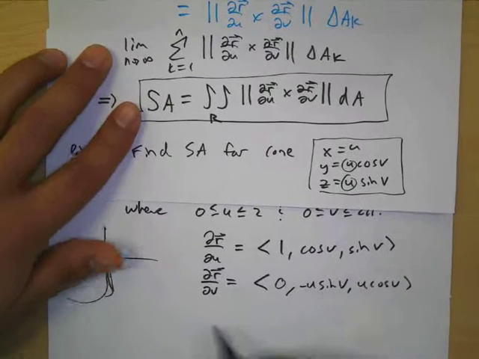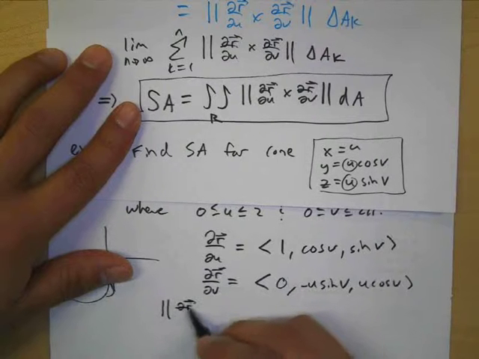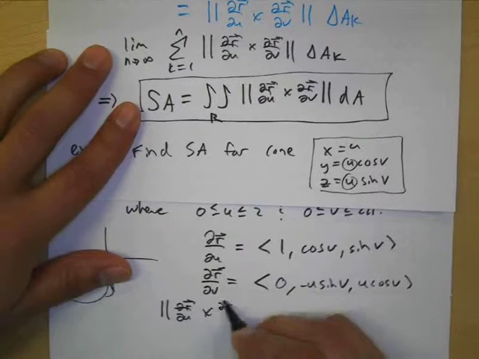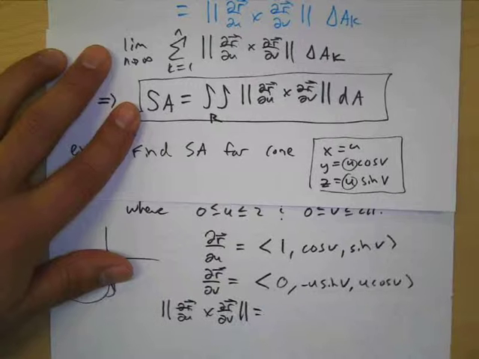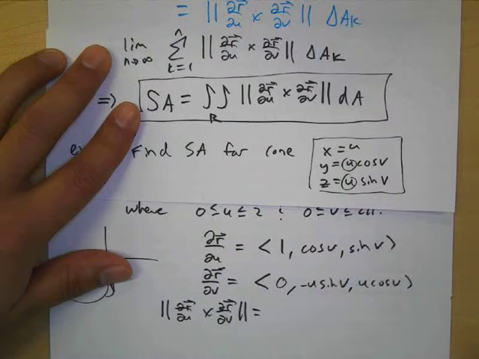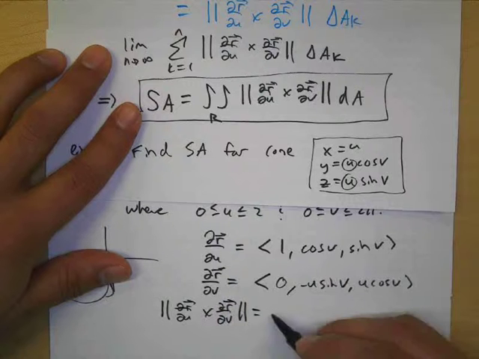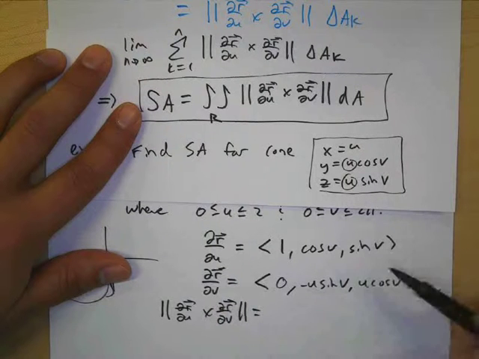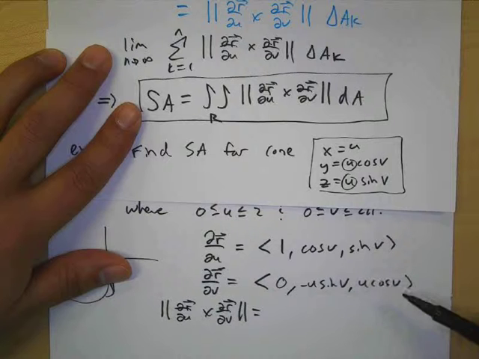So now if we find the magnitude of the cross product, we're going to get what?